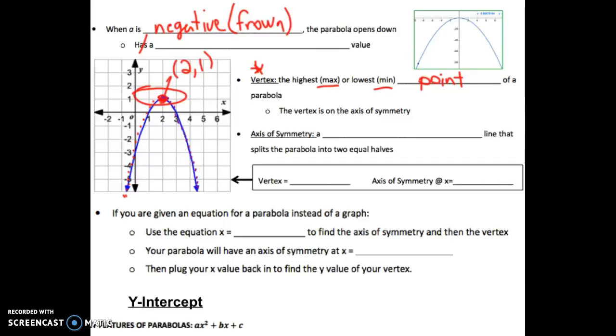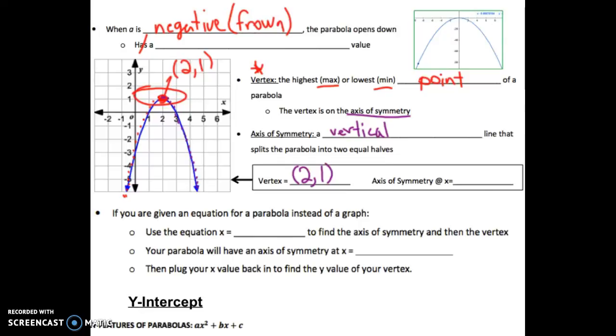So, carrying on, the vertex is on what's called the axis of symmetry. Axis of symmetry is a vertical line that splits the parabola into two equal halves. So, in this case, I already identified this vertex to the left as 2, 1.